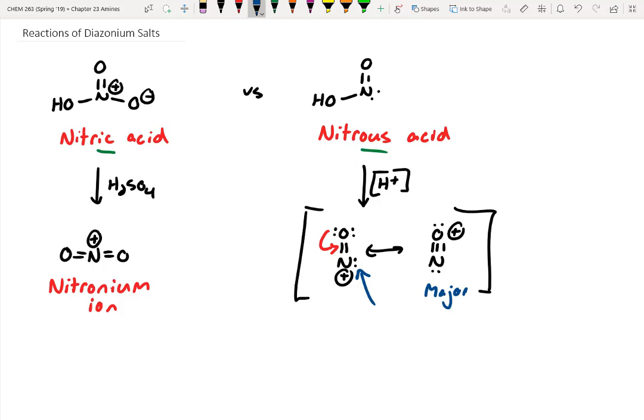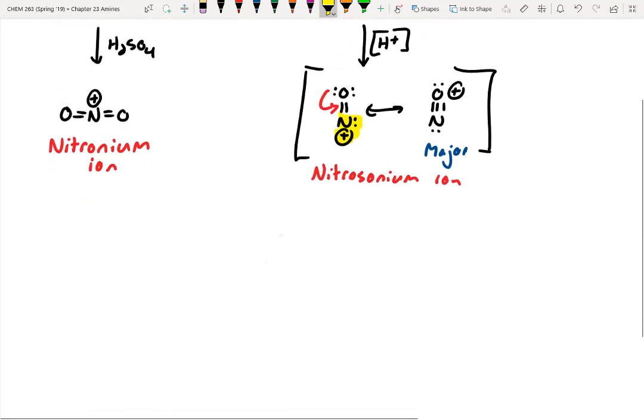So really, when we draw out this ion, we prefer to draw this major contributor because the one on the left doesn't even have a complete octet. All right, so this is called the nitrosonium ion. And like I said, this doesn't have a complete octet, so we normally try to avoid drawing that if at all possible. Does that make sense?